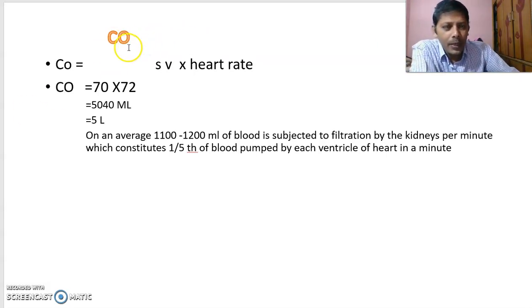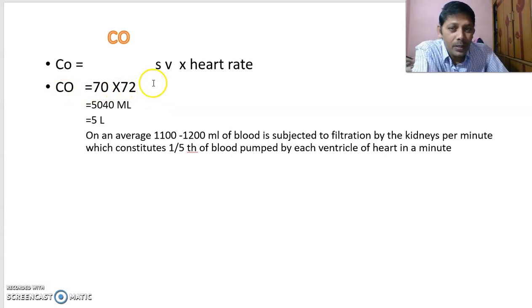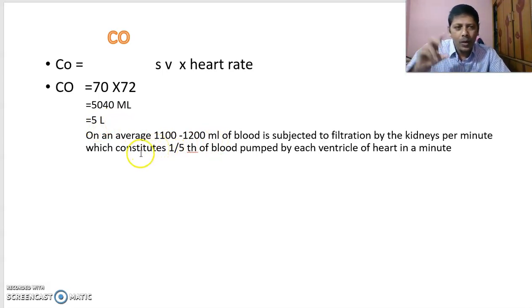Cardiac output: I told you the formula in the previous lesson. Cardiac output is equal to stroke volume into heart rate, 70 into 72, which is 5040 ml, that means about 5 liters. On average, how much blood is pumped by our heart per minute? 5 liters. How much blood is filtered by our kidneys per minute? That is 1100 to 1200 ml.